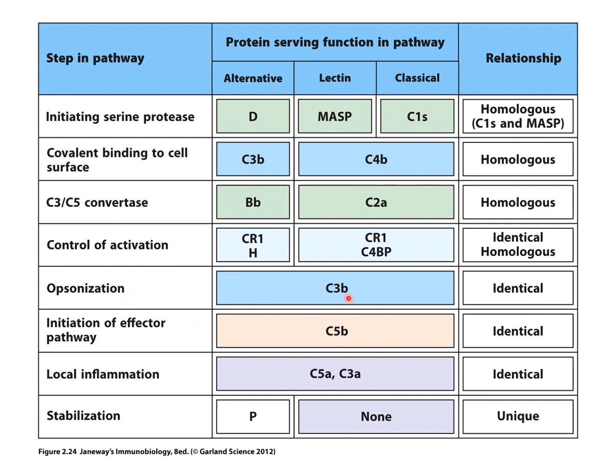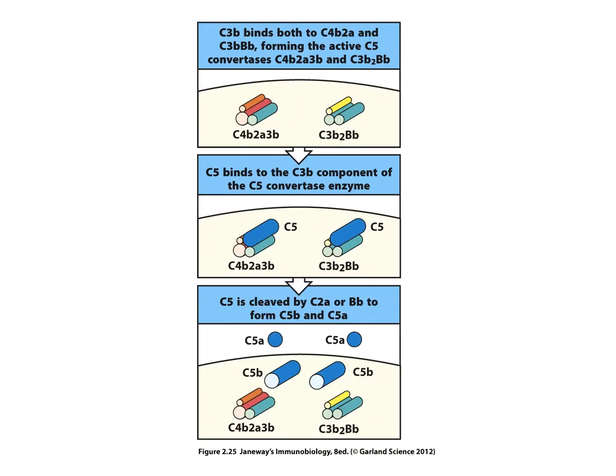Initiating factors, C3b goes to activate C5, C3a. These begin inflammatory responses, also identical whether you're talking alternative, lectin, classical, because remember, after the C3, they are all the same pathway. It's the initiation between the three that will be different.